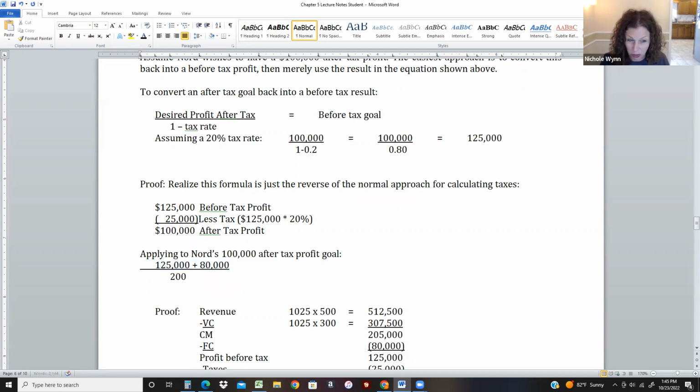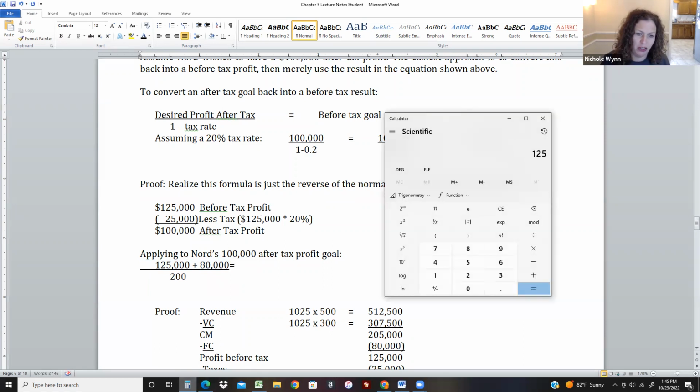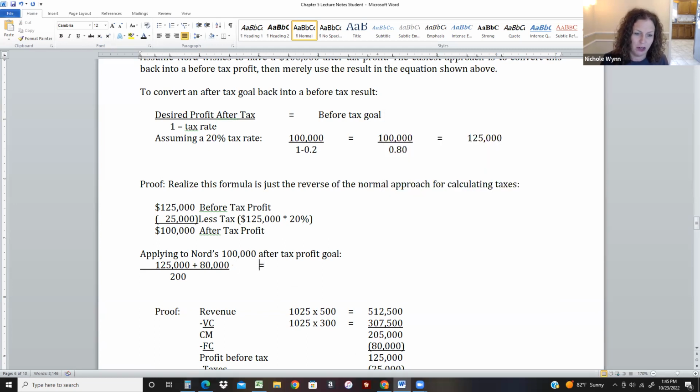Our CMPU was $200. And so if we do that, we would have 125,000 and 80,000 divided by 200, and we would need to sell 1,025 bikes.